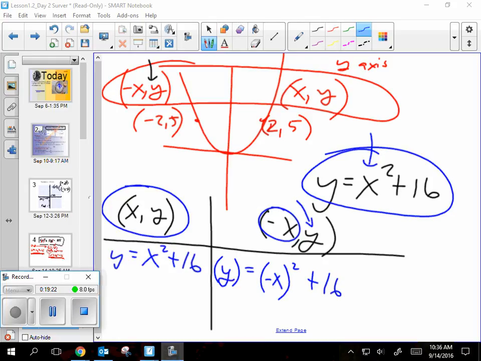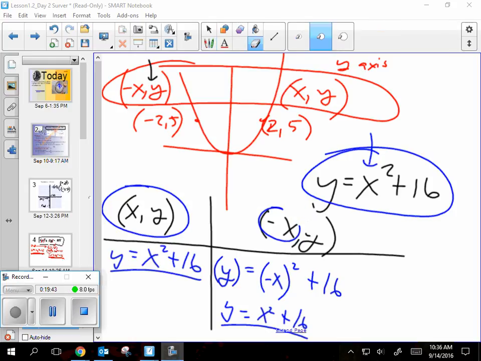And then we solve it down and we see if it's exactly the same as the other one. Y is just y. Negative x squared is x squared. And look at that, identical, thus proving what kind of symmetry? It's the one that doesn't have the negative on it, and therefore that has the negative on it, therefore it's y-axis symmetry.